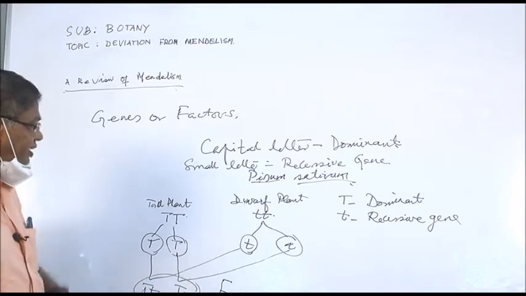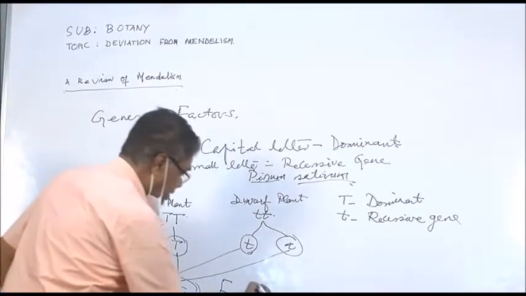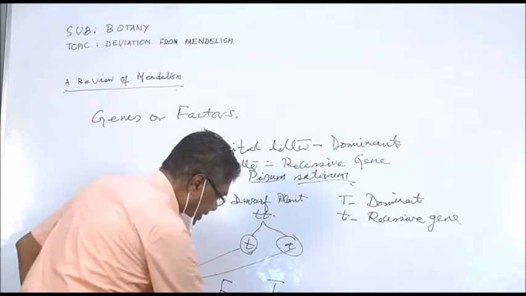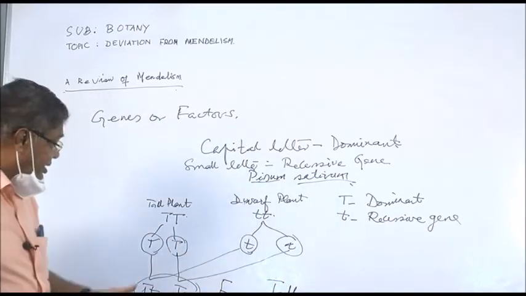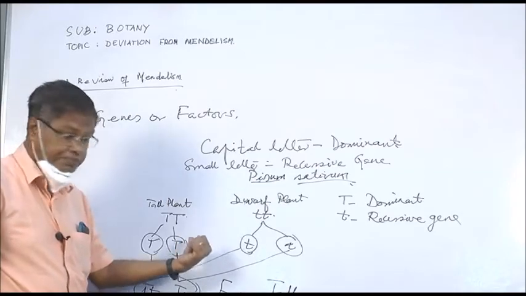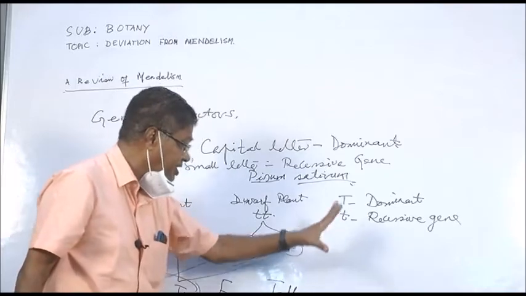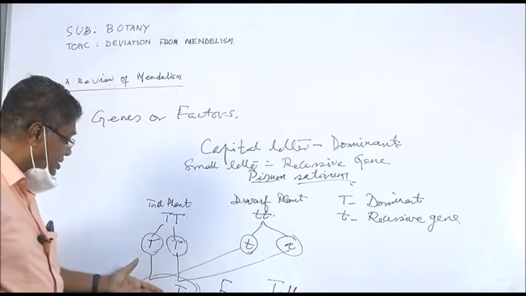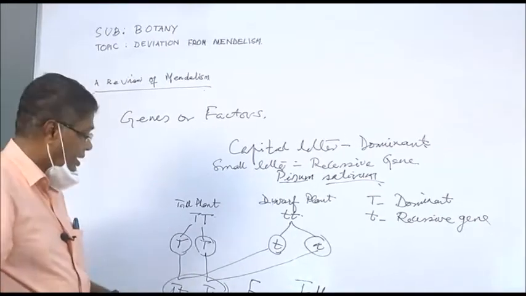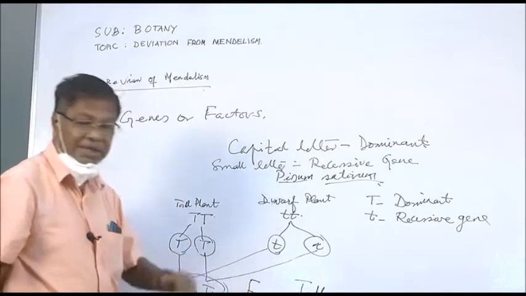Here the expression is tall. Capital T is for tall and small t is for dwarf, but when capital T and small t are together, the plant shows tall character.